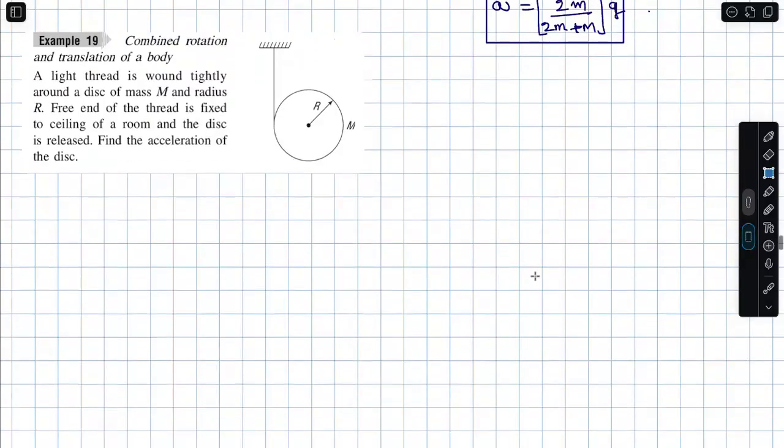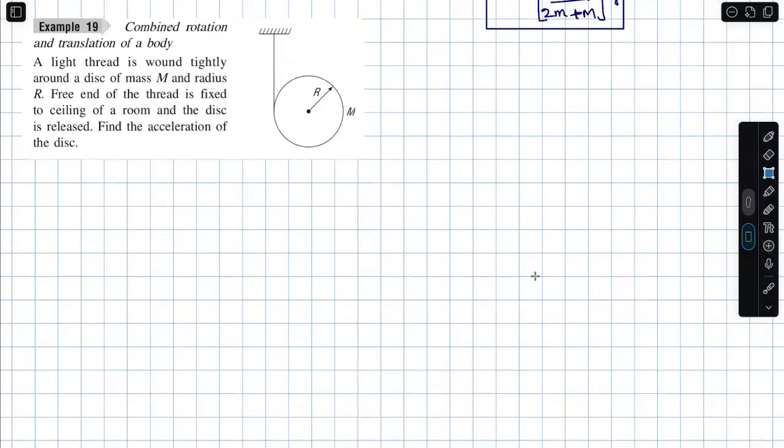Combined rotation and translation of a body. A light thread is wound tightly around a disc of mass M and radius r. The free end of the thread is fixed to the ceiling of a room and the disc is released.